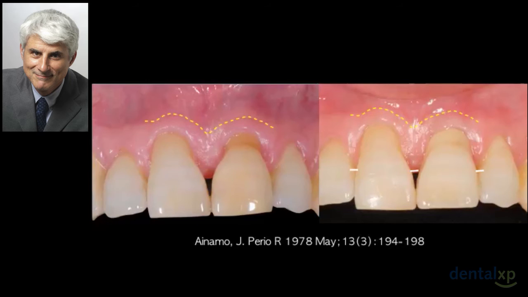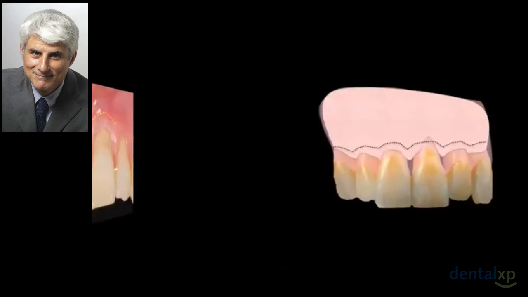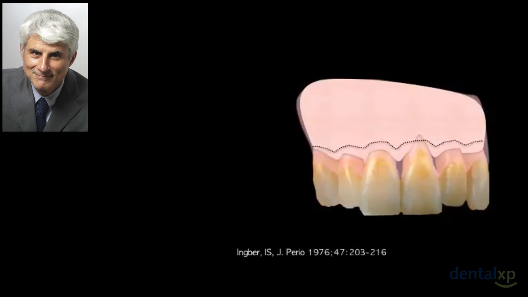The mucogingival line was stable because the bottom of the sulcus in this patient is above the mucogingival line. So when we stretch the tissue, we are not able to stretch the keratinized tissue, and we are not able to increase the level of the keratinized tissue either. So our mucogingival line is stable.